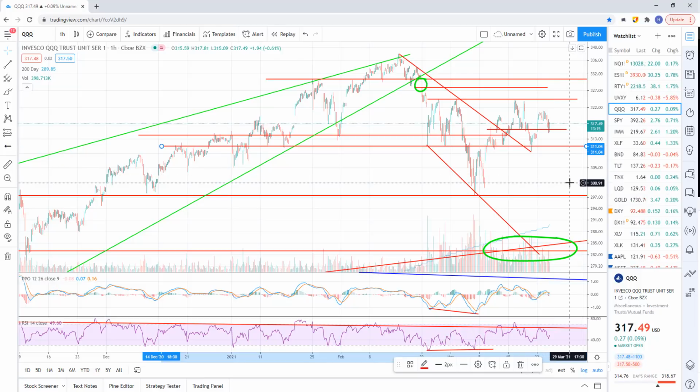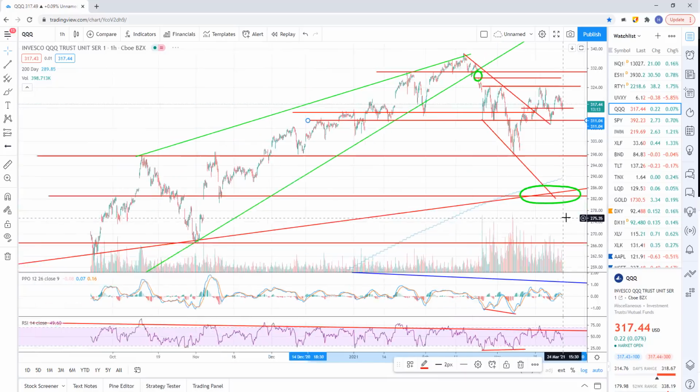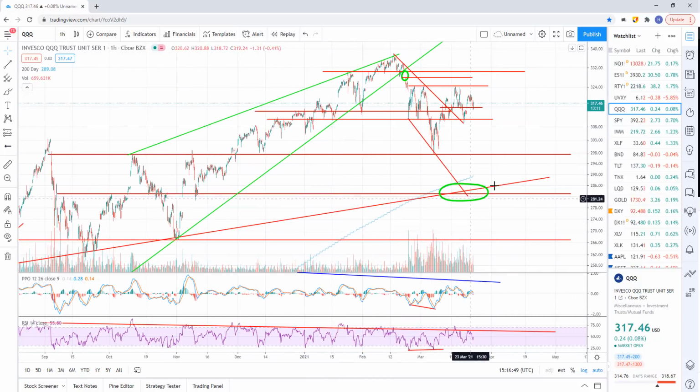We'll probably get a small reaction there, but look for a break of that and head straight down to about 285 right in here. All right, so that's what I think is going to happen. Obviously, anything can happen. I think we're heading down to 285. But of course, watch these levels for potential breaks to give you clues on where it might go.